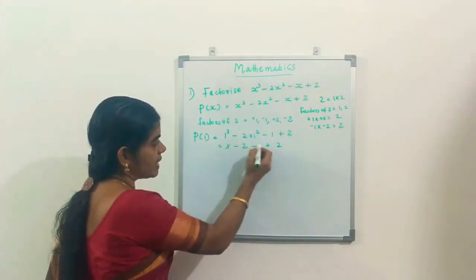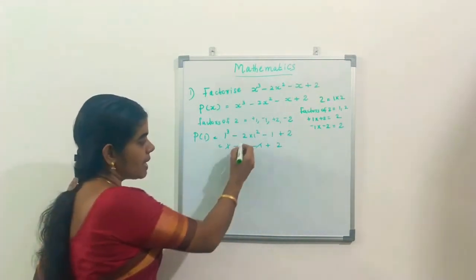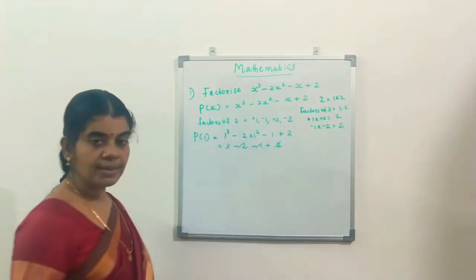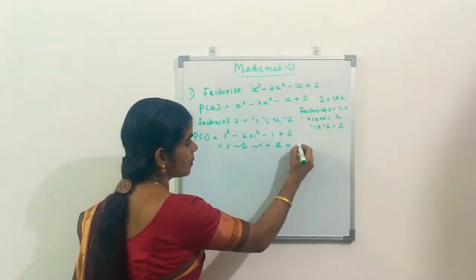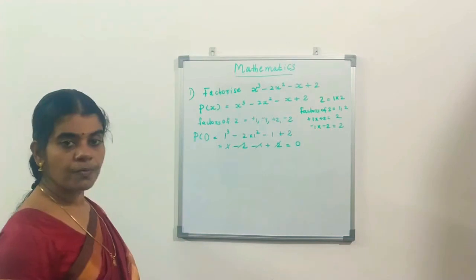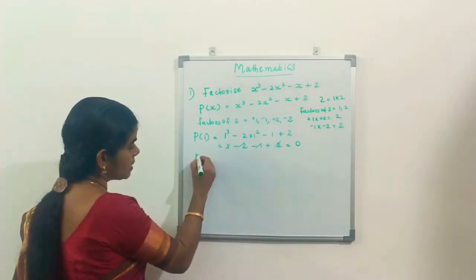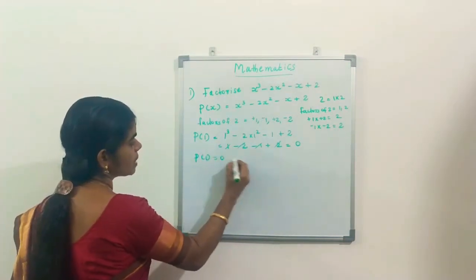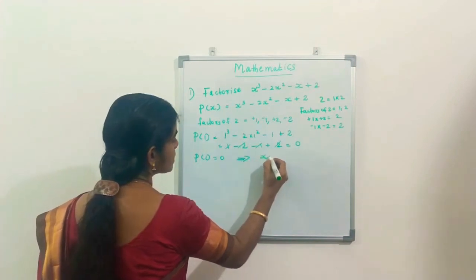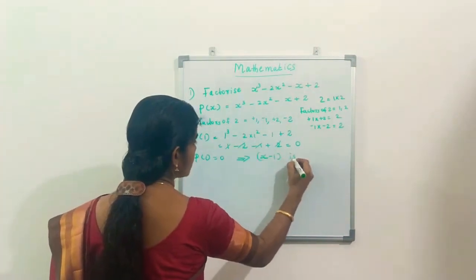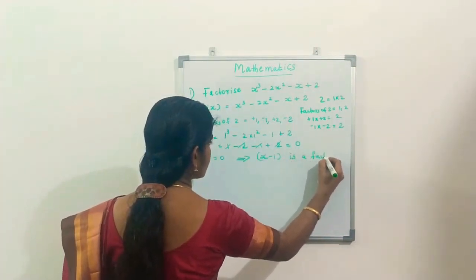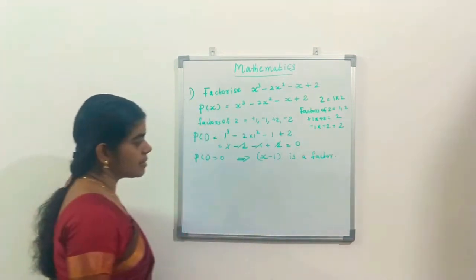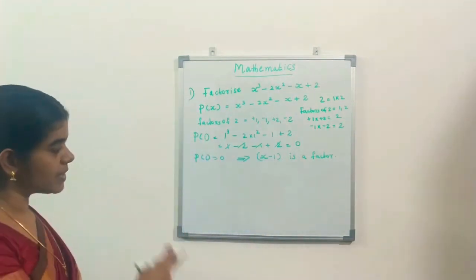Just look at the values. Plus 1 and minus 1 we can cancel. Minus 2 and plus 2 also we can cancel. Therefore you got 0. Then p of 1 is equal to 0. That means x minus 1 is a factor. Revise the factor theorem also.